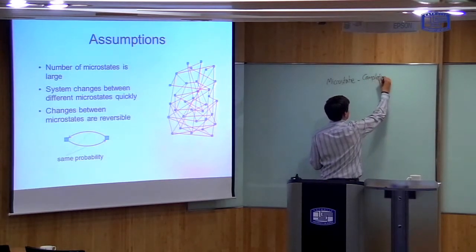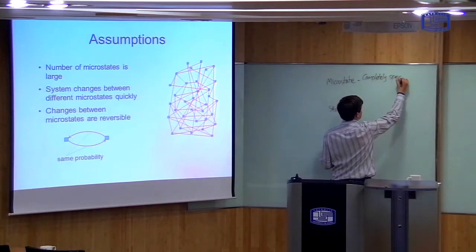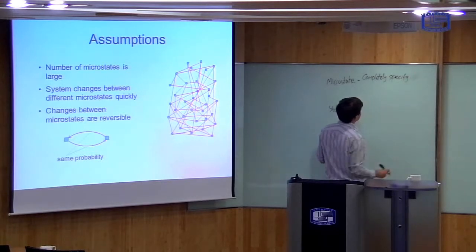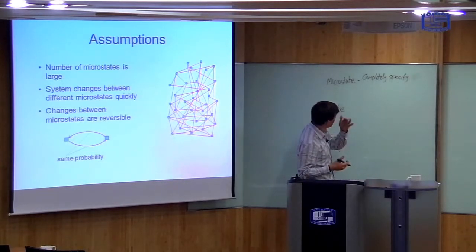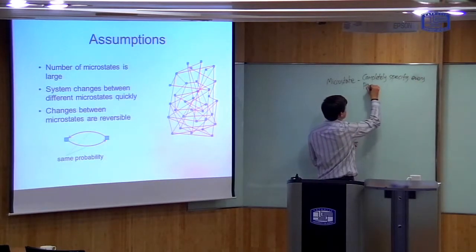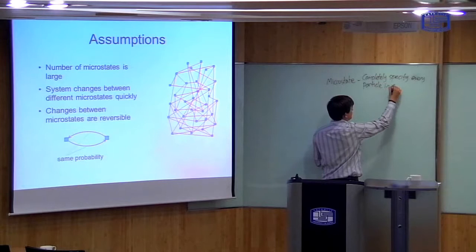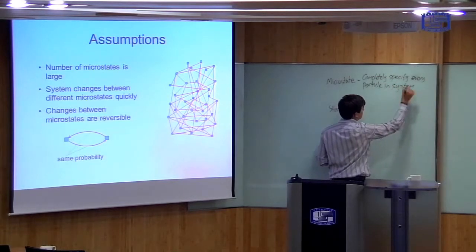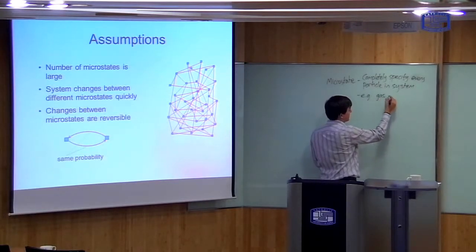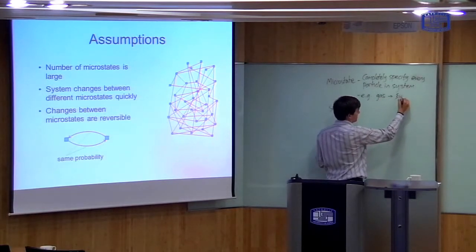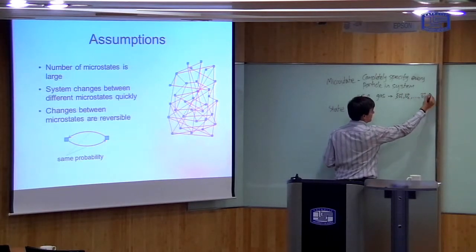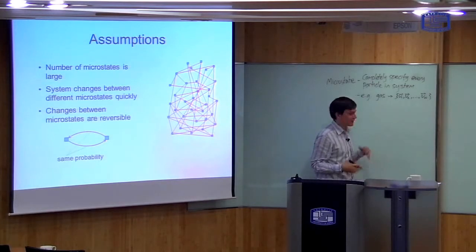I completely specify every particle in the system. And for example, in a gas, this means I tell you every velocity. So I tell you what's the velocity of the first atom, what's the velocity of the second atom, and what's the velocity of the nth atom. I completely specify the system.